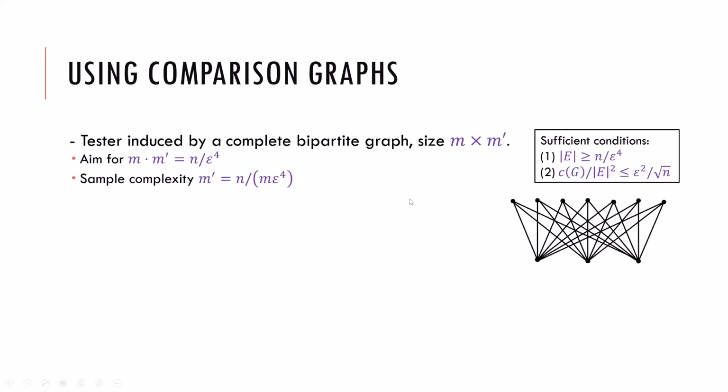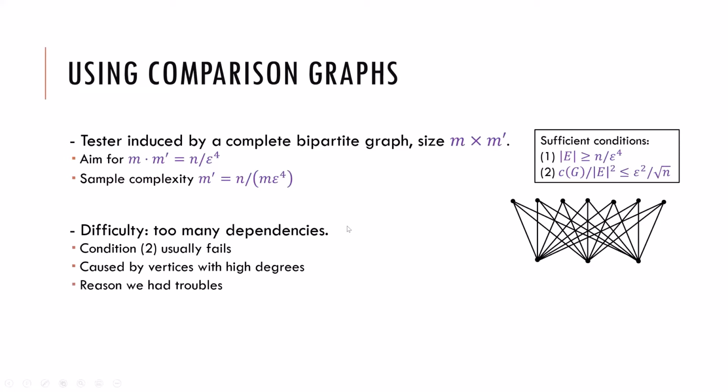Note that I've written the conditions of our structural theorem here on the right side. Note that the first condition, they got the same condition in their analysis, but for the second condition, we cannot hope to fulfill it. We cannot hope to apply our structural theorem, because this type of graph, the bipartite complete graph, just has too many dependencies, especially when M is rather small.